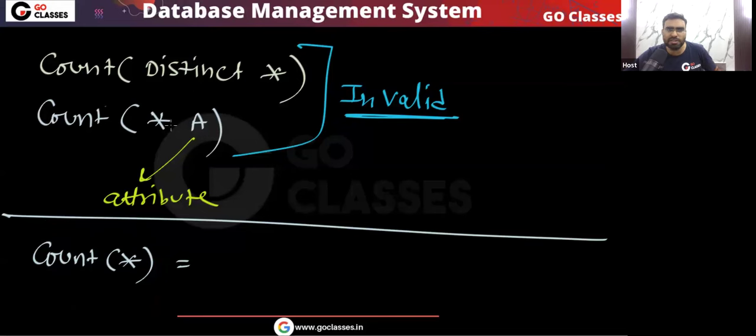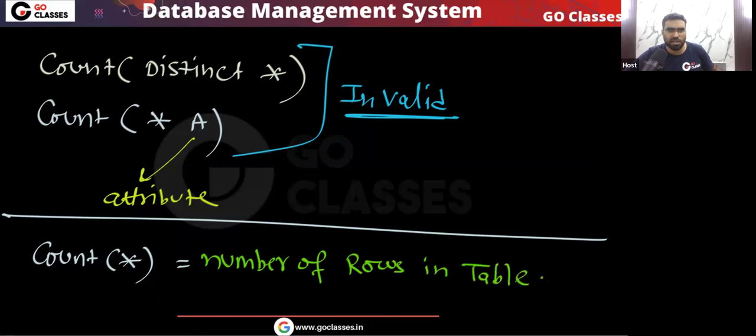You cannot use distinct, you cannot use an attribute name. The meaning is also very simple: it will count the number of rows in the table. It will not ignore the null values. It will always do this. So very simple. I hope you understood all these points.